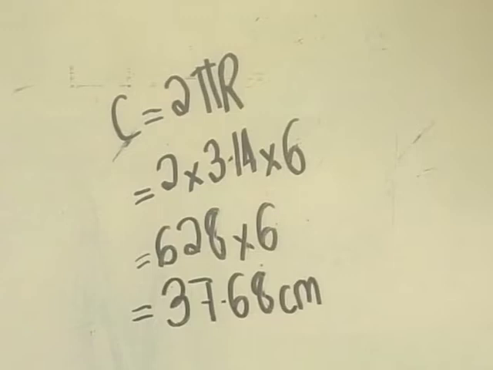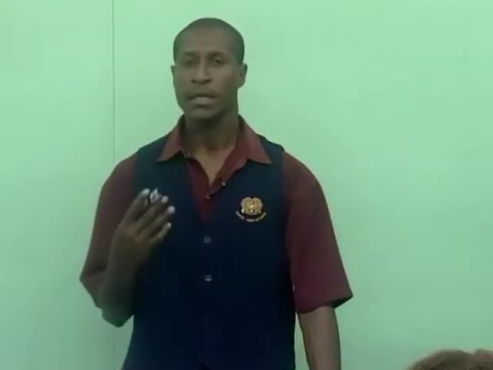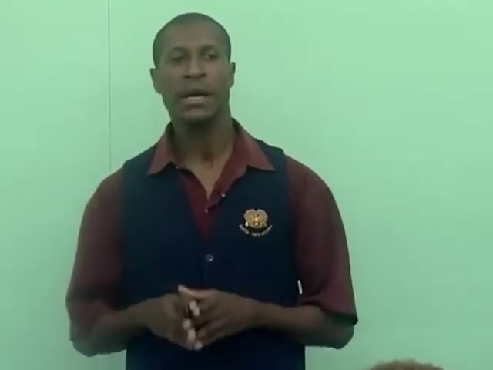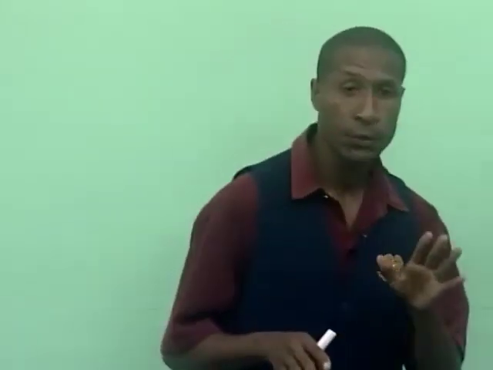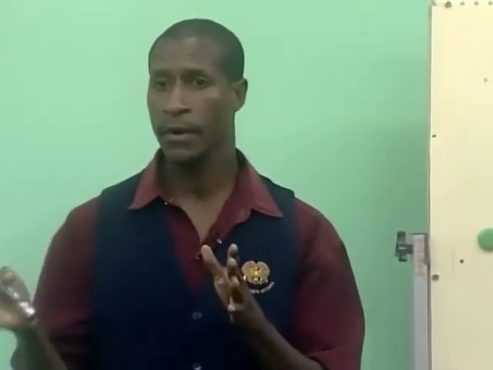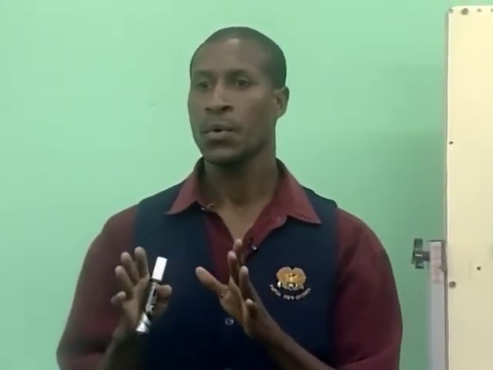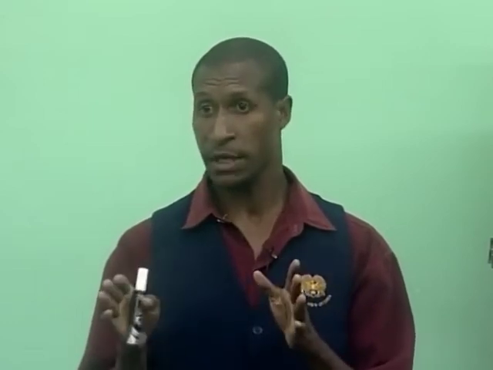Okay. Now, receiving students and ATs, I would like to emphasize something here on the relationship between diameter and radius. We know that diameter is a part of a circle, which is a chord that runs through the center of a circle.